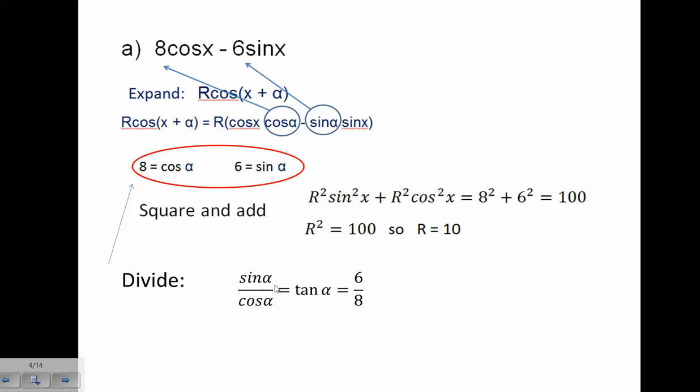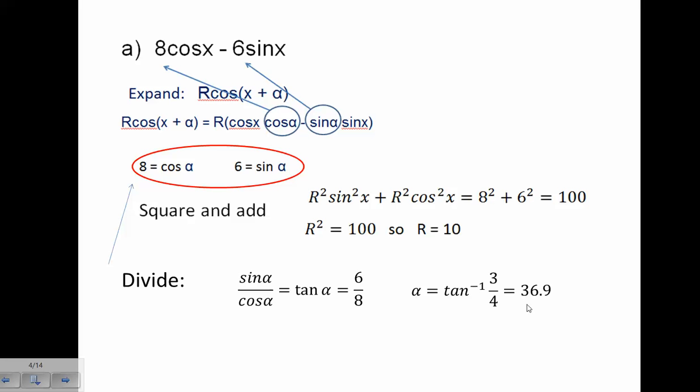So we've got sin over cos, which is tan, is 6 over 8. And then to get the angle alpha, we do our inverse. Tan inverse of 3 over 4 is alpha, which is 36.9.